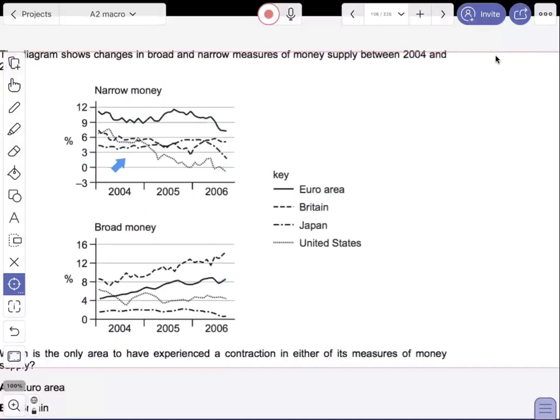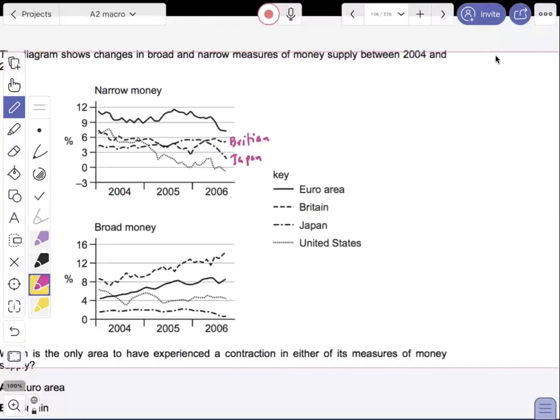It's very difficult to read this, but Britain is this graph, which is going up. Japan is this graph. This is Britain, this is Japan, this is Euro, and this bit here is US.